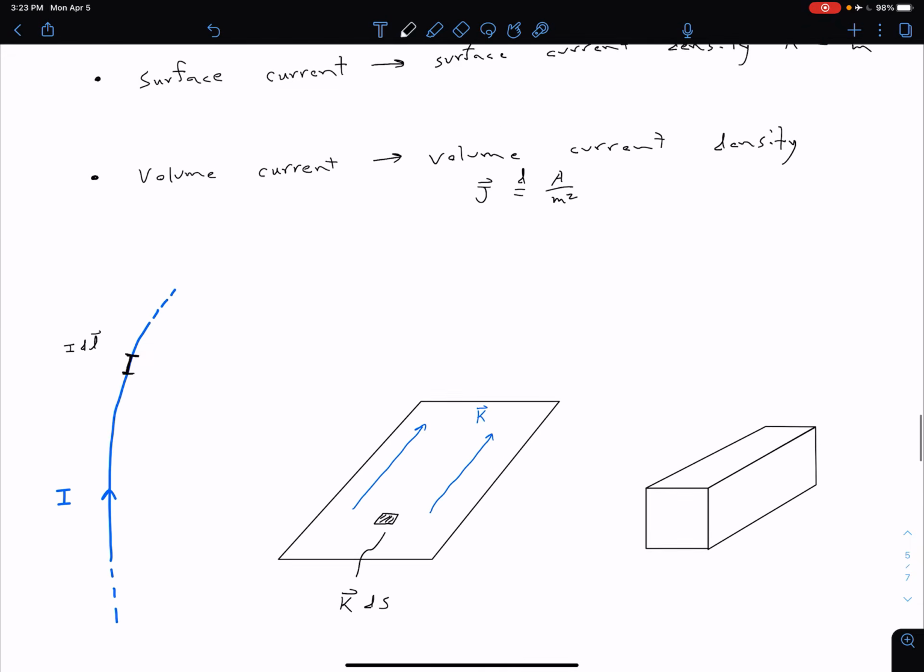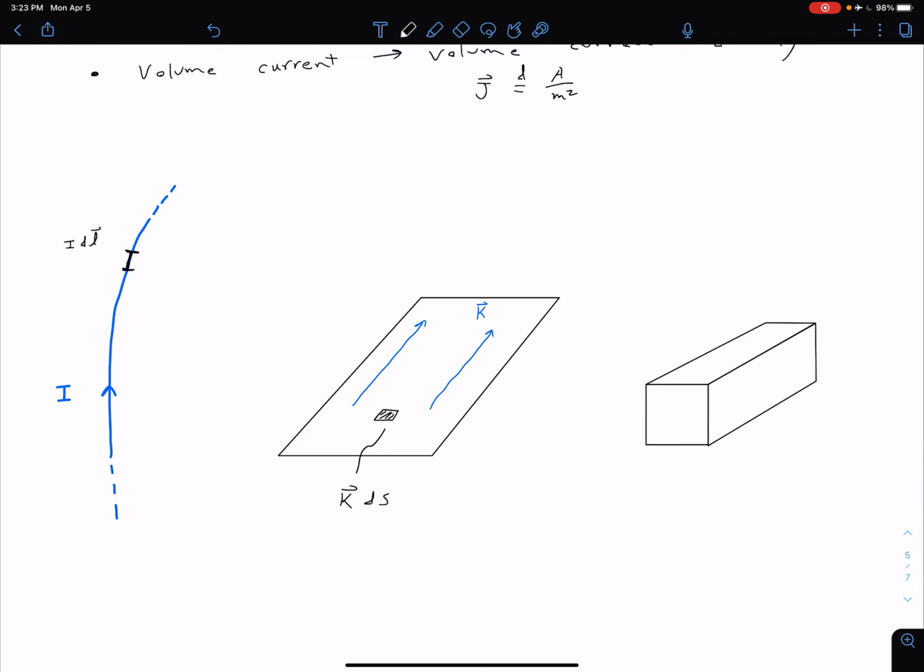On the far right, I have some three-dimensional structure, and we're saying that this could have some current density J flowing through it. If we want to consider a differential current, we need to consider some three-dimensional differential volume. I can try to draw a small little cube in here.